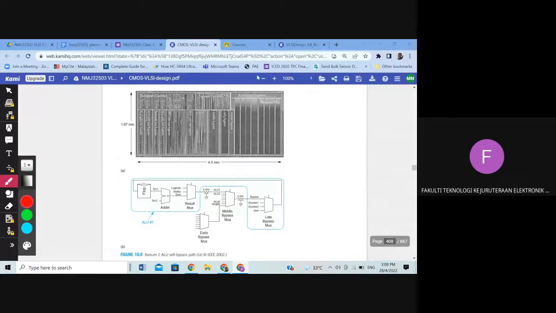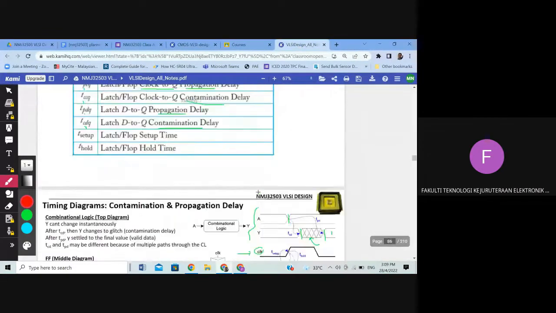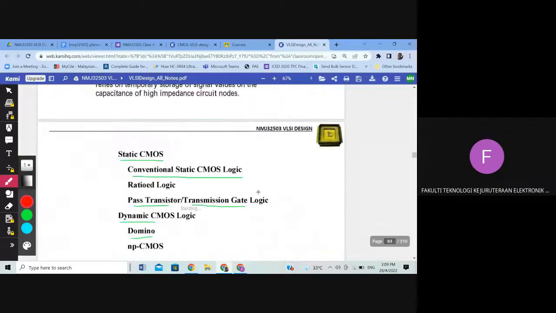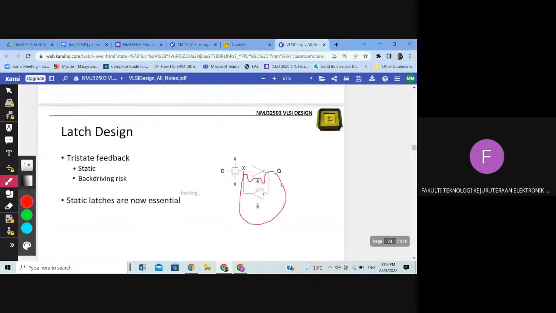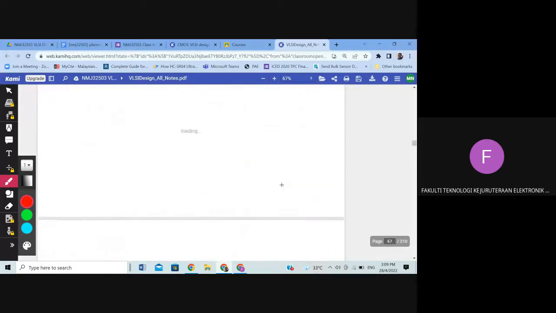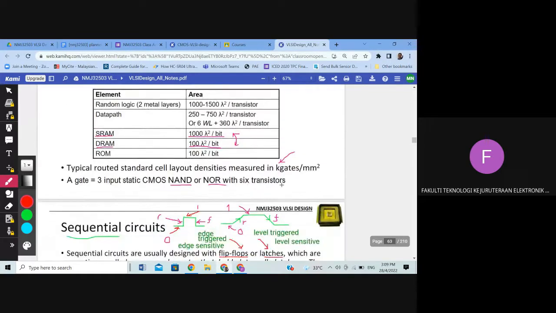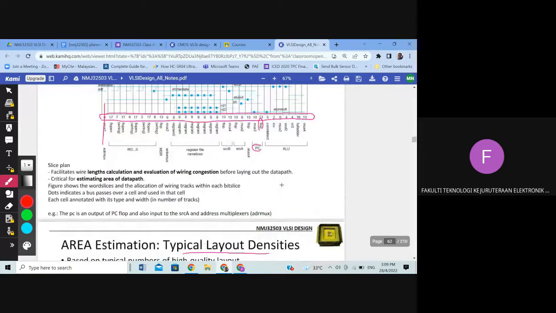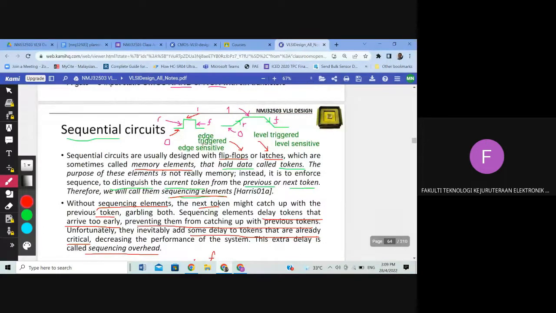Last week we discussed sequential circuits. Just to recap, we discussed the definition of what sequential circuits actually are. We also discussed edge-triggered or edge-sensitive clock signals and level-sensitive clock signals.